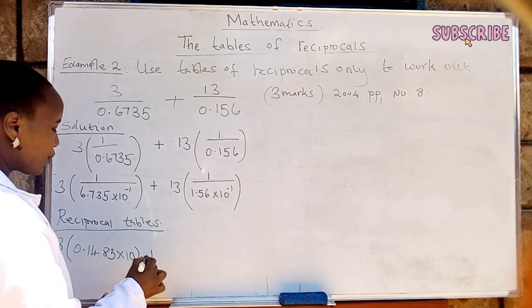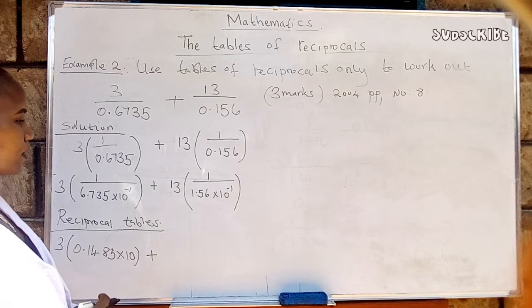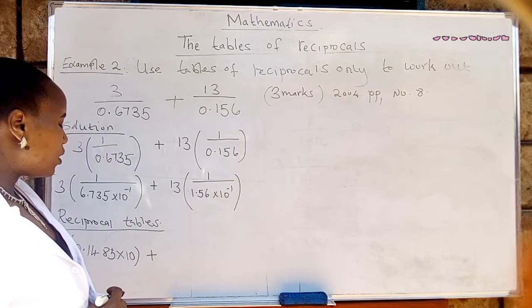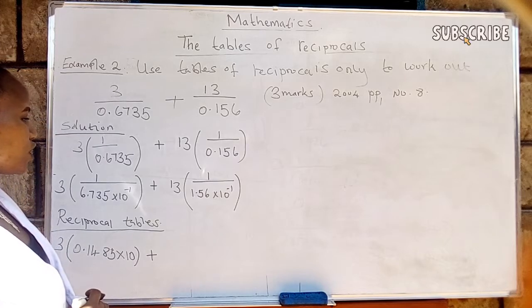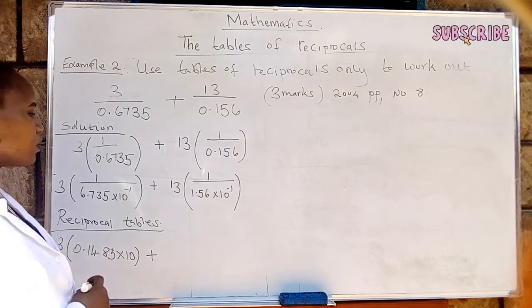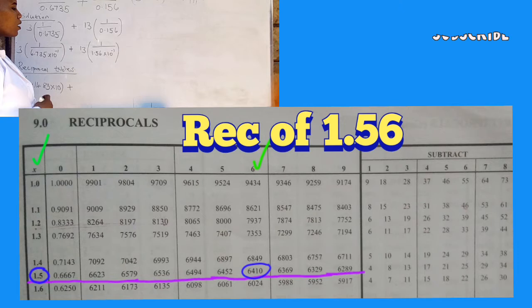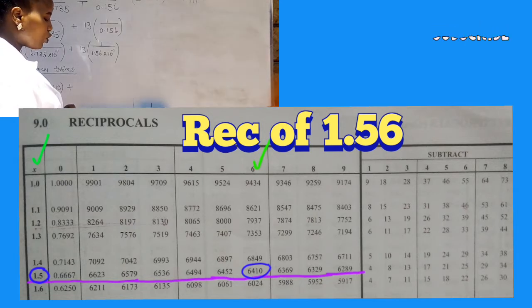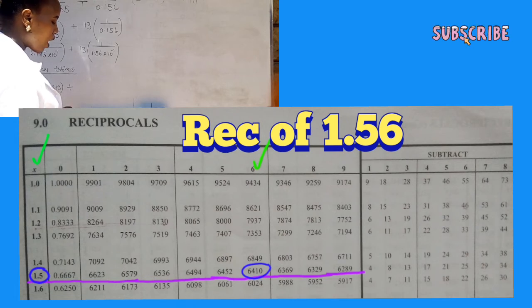Then we proceed again to find the reciprocal of 1.56. We shall go to the reciprocal tables as shown on the video. We go to row 1.5. We proceed with the same row to column ending 6, and the value we get there is 0.6410.